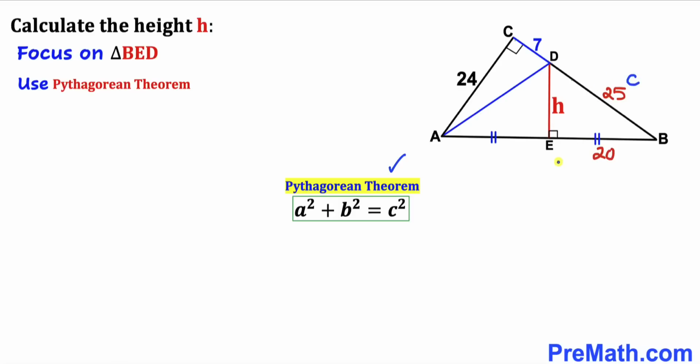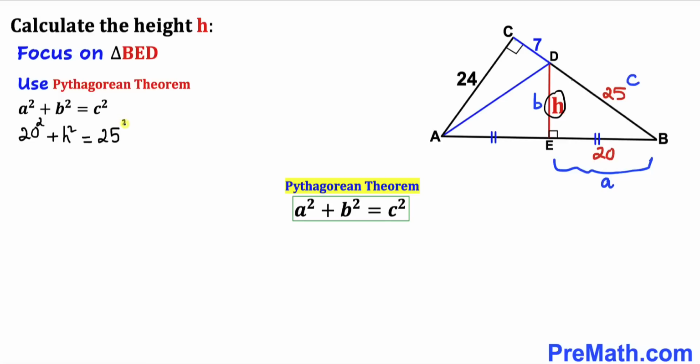I am going to call this side length a, and this side length ED as our lowercase b. In our case, a is 20, so this is going to become 20 square plus b in our case is this height h, so I'm going to write down h square equal to c in our case is 25 whole square.